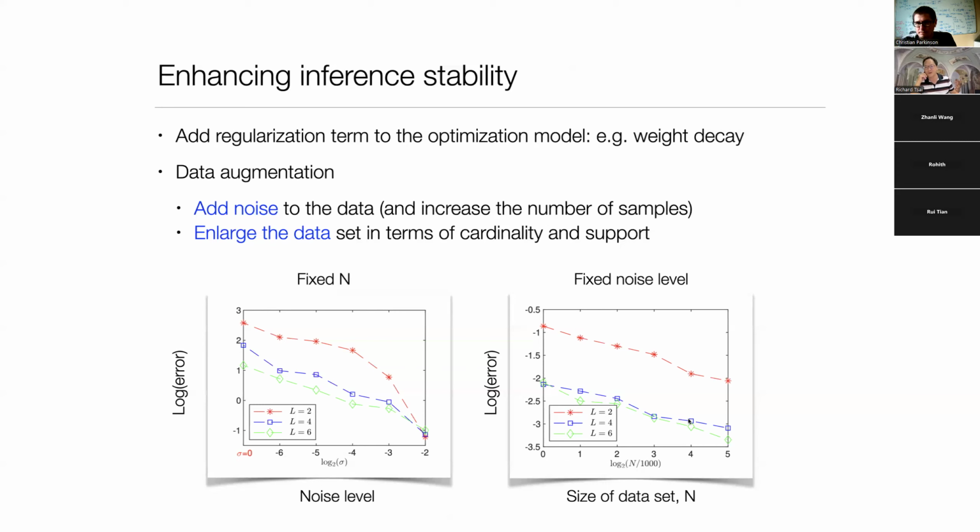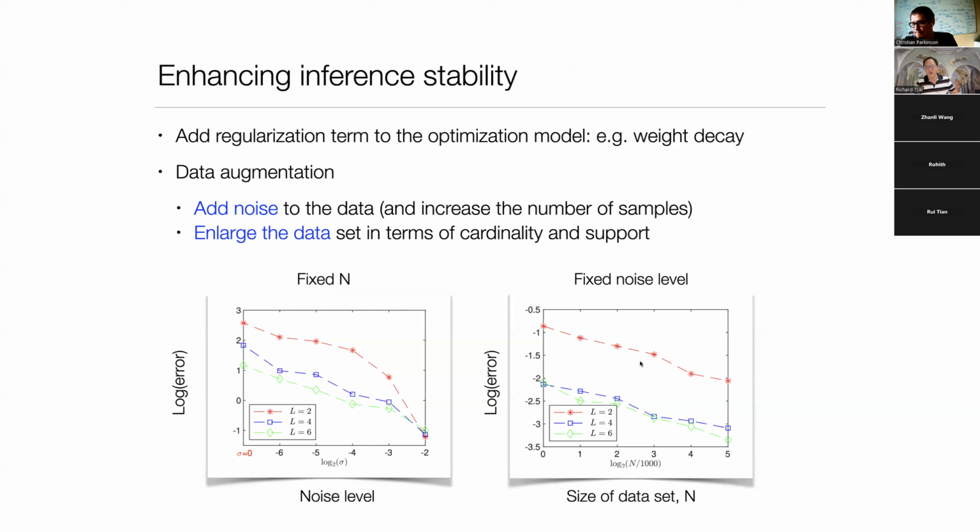So fix sigma, then as n increases, W1Y would decrease to 0 in that particular way, and this is a confirmation of that. Again, what I want to point out is that there's a fundamental difference between a shallow network and a deeper network. There doesn't seem to be too much difference between a 4-layer and 6-layer network in this particular study.